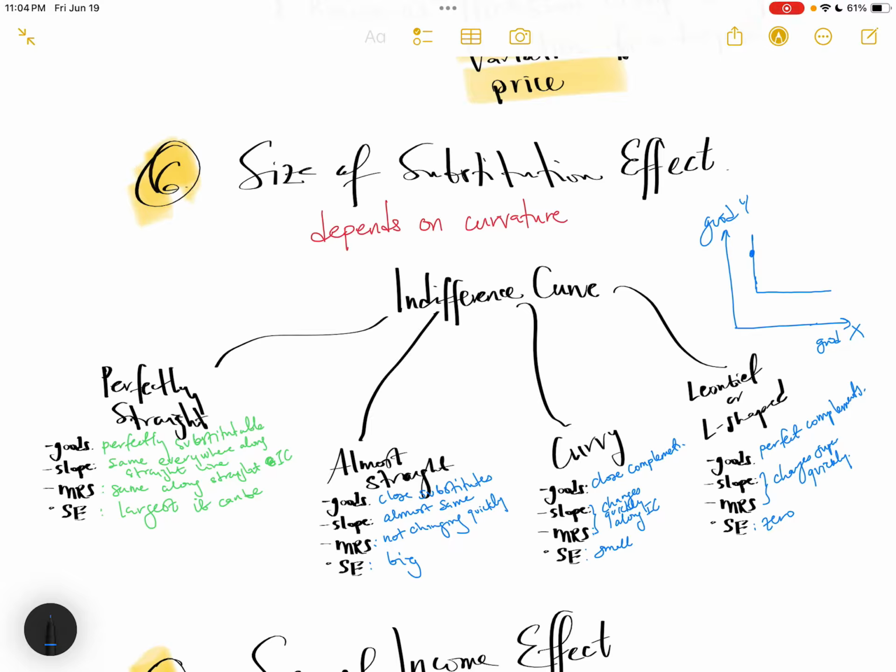Well, you have point A, point B in the vertex or in the kink, and C here. At point A, the marginal rate of substitution is infinity. At point B, the marginal rate of substitution is undefined. And at point C, the marginal rate of substitution is 0. It changes quickly from infinity to undefined to 0.